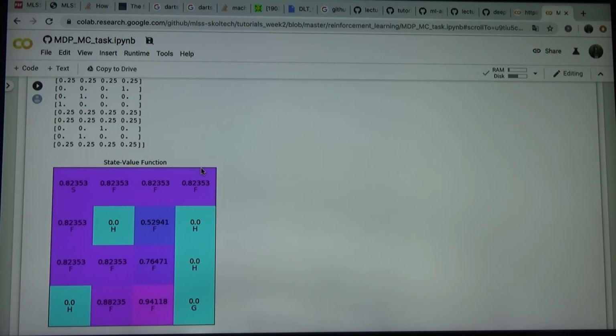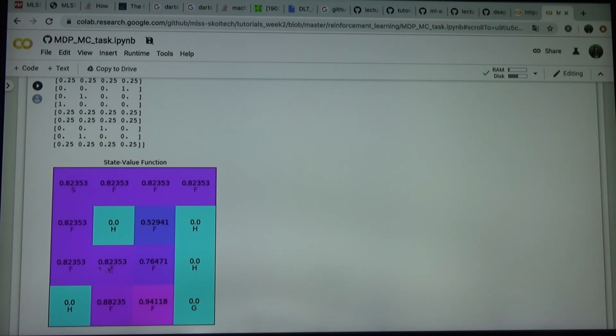The value functions are bigger. They seem to have converged. These states have the same values as, let's say, these states.